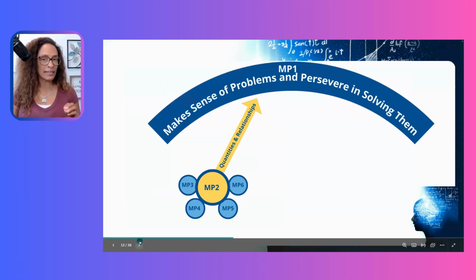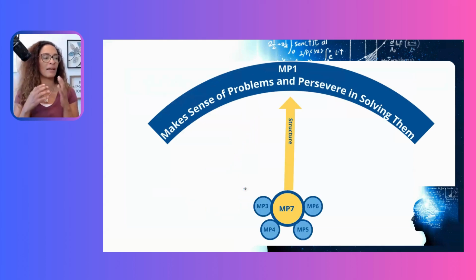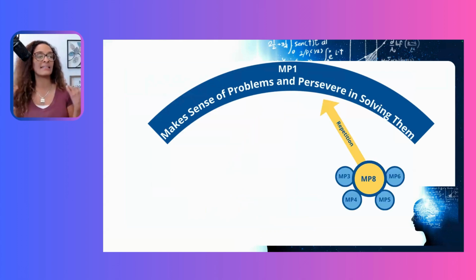However, if you look at the mathematical practices from an overarching umbrella, making sense of them, this is SMP 2. And then you have all of 3, 4, 5, 6 that you would do. And then you have SMP 7. And you will always do at least one of these, 3, 4, 5, or 6. And then repetition. But what does that really mean?